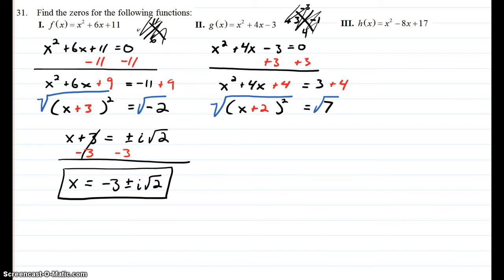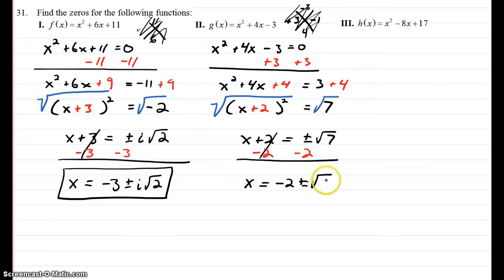The square root cancels out the square, and I'm left with x plus 2 equals plus or minus rad 7. Now we just have to move the 2 over. We subtract 2 from both sides, and we have x equals negative 2 plus or minus rad 7.